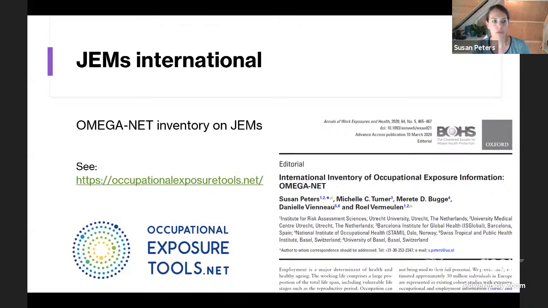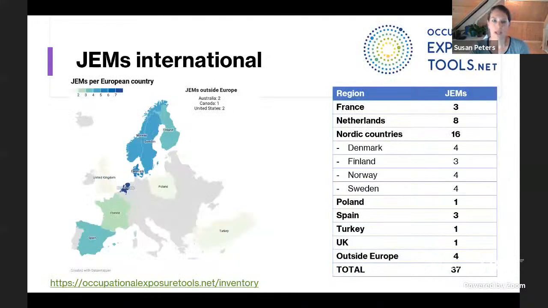So then I'll move to, and I'm rounding up, so I'm looking at my clock. I want to point you to a website of OmegaNet where we made an inventory of all different GEMs that are around in Europe and also outside of Europe, but with a focus on Europe. At this stage, about 37 GEMs have been entered.